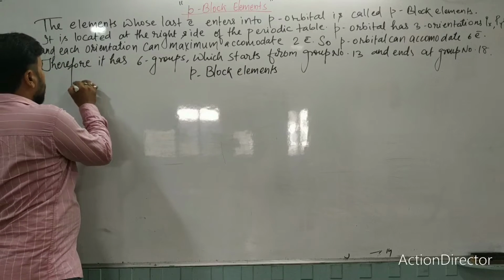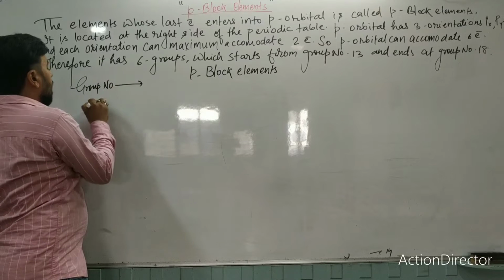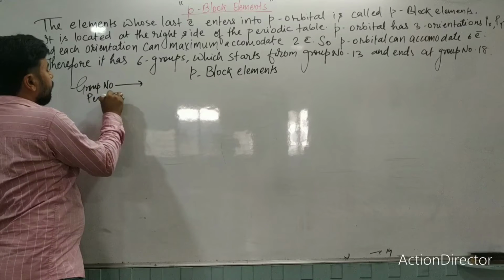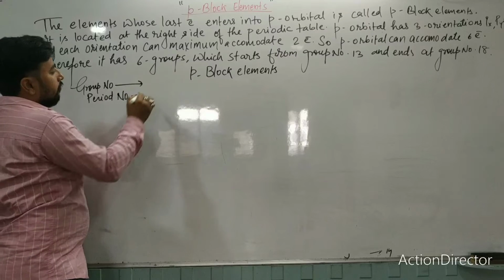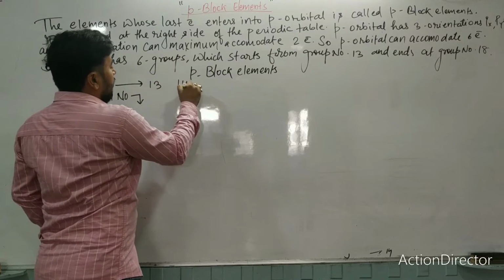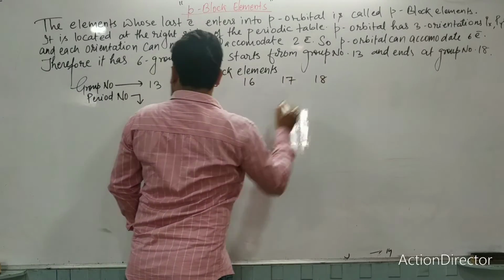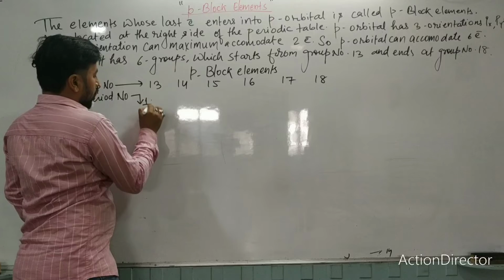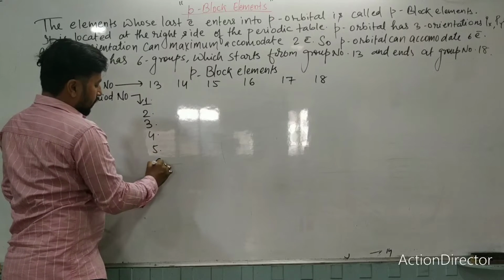Group number and period number. Group number 13, 14, 15, 16, 17, 18. Period number 1, 2, 3, 4, 5, 6, 7.